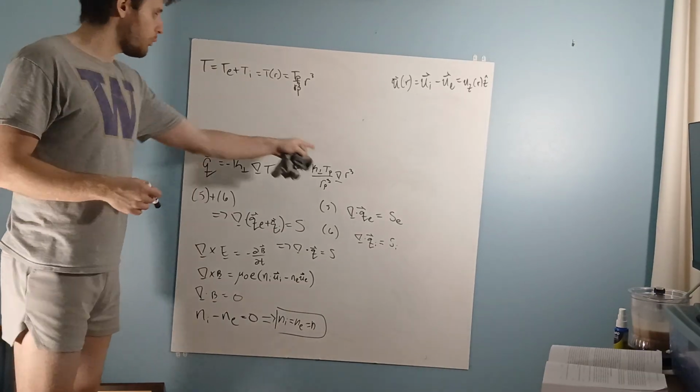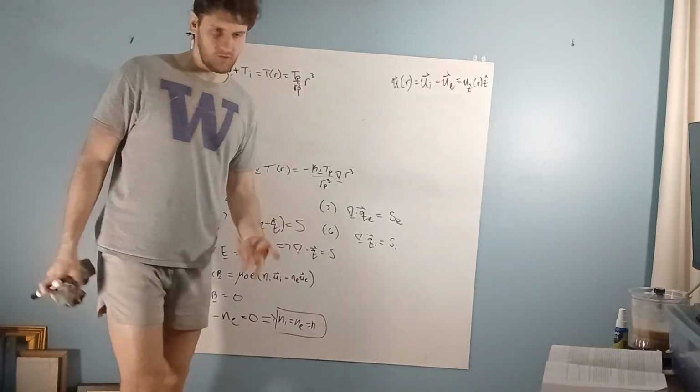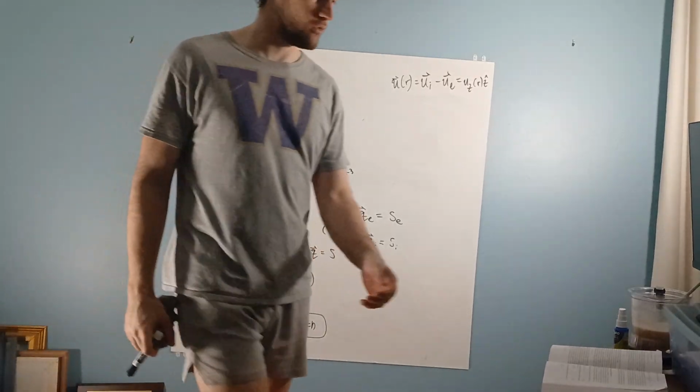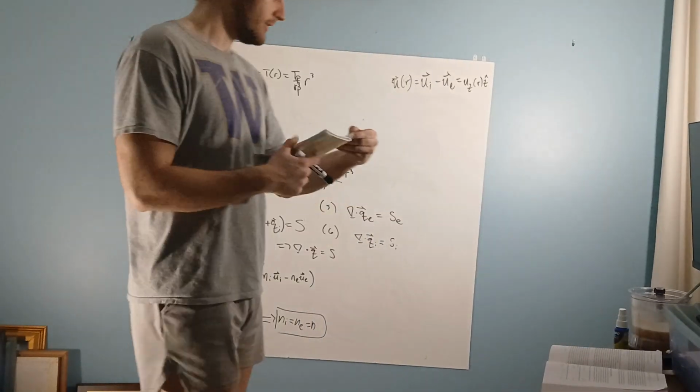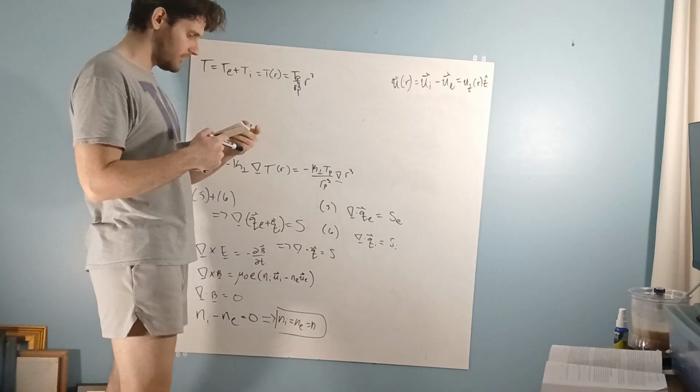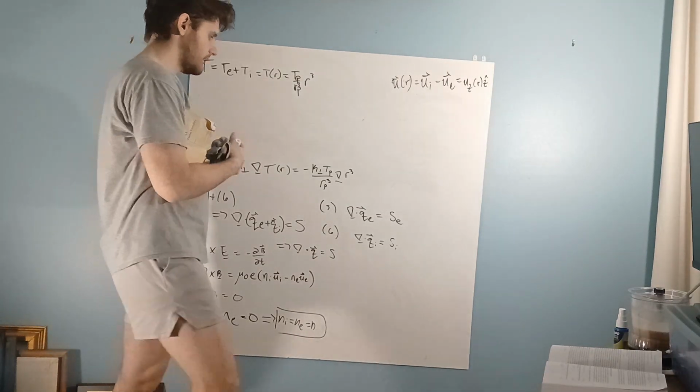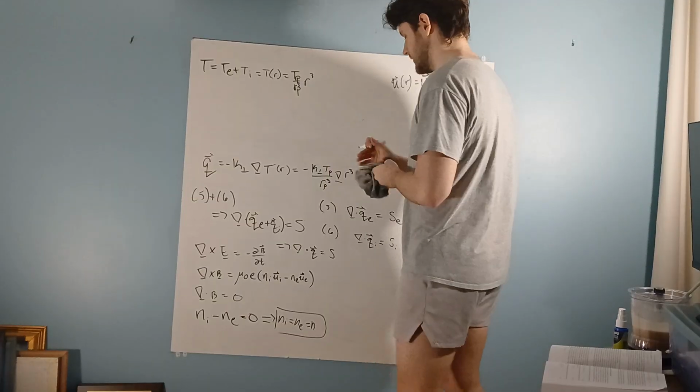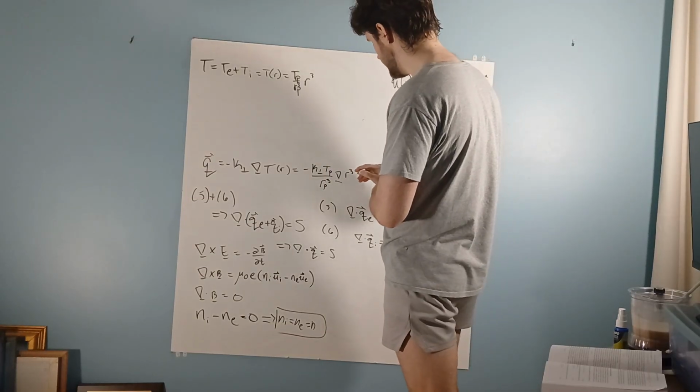So, what is this? What is the gradient of R cubed in cylindrical coordinates? The gradient of R cubed in cylindrical coordinates is just the radial derivative.